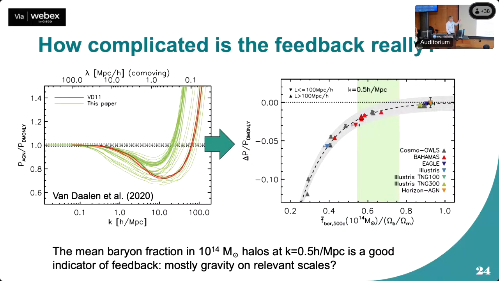For instance, something people are very worried about is feedback, but if you look in simulations, it turns out this feedback is a single parameter. And I think that's the case with a lot of these things we're worried about, all these nuisance parameters: apart from baryon physics, it's mostly just gravity. There are zero free numbers except for the cosmological parameters.